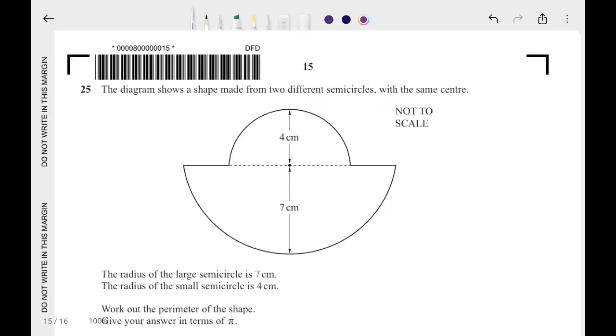5. The diagram shows a shape made from two different semicircles with the same center. The radius of the larger semicircle is 7 centimeters. Let me denote it with capital R. And the radius of the smaller semicircle is 4 centimeters. So let me denote it with small r.